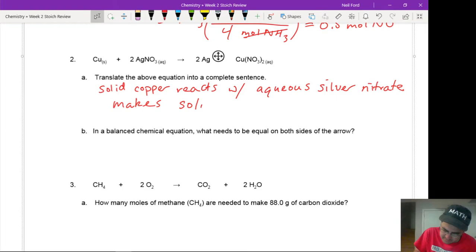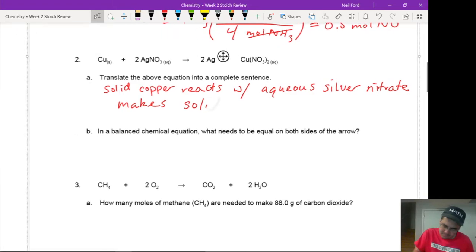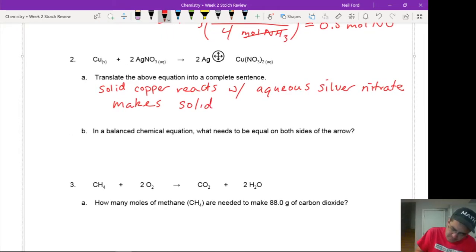Solid. Oh, see, it worked for just a second. Can I write with my finger? Nope, I can't write with my finger. Okay, here it goes. Maybe I'm just writing too fast.